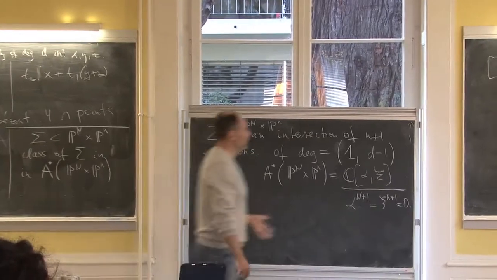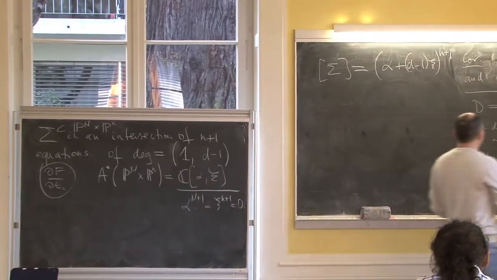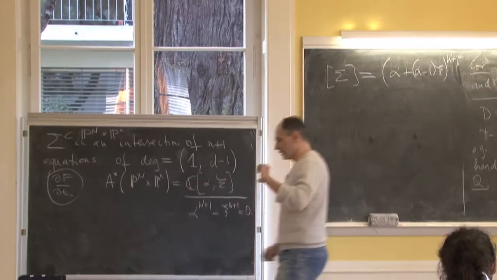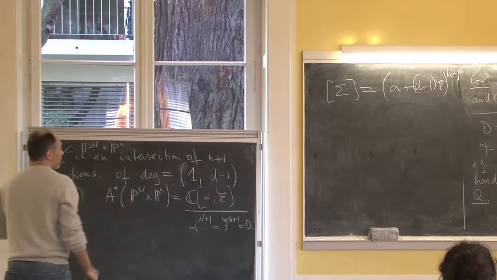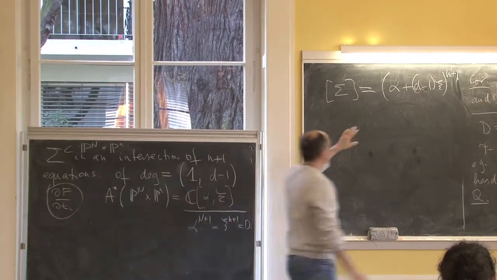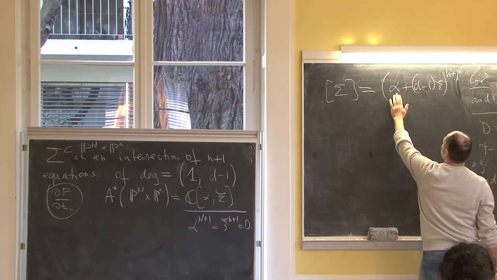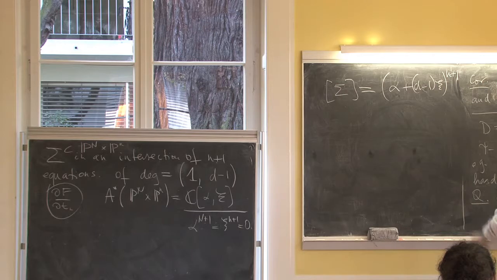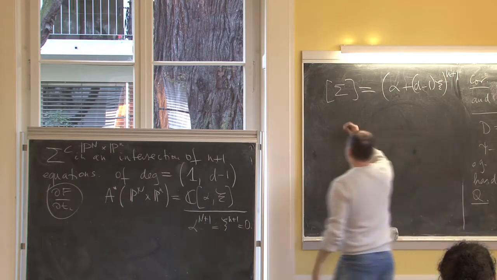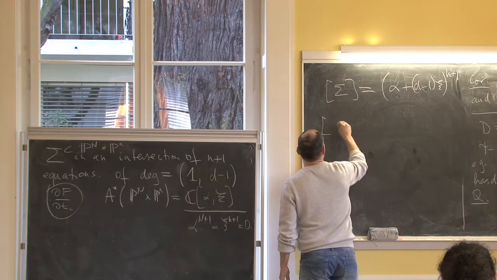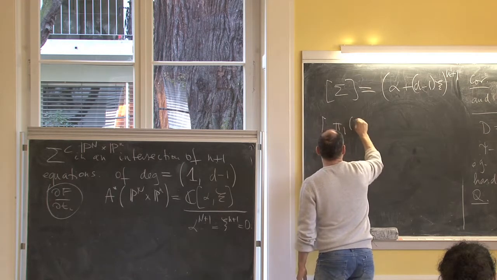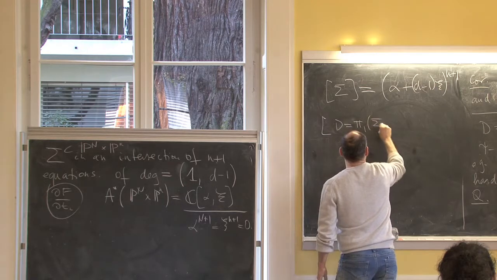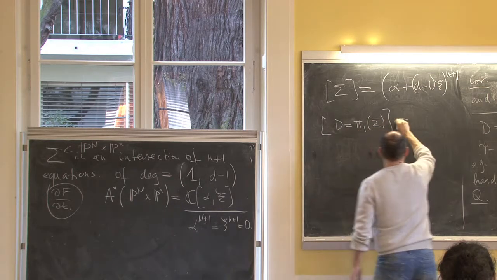So what does it mean that you look at the projection? Well, the projection means that you look at the intersection with a line. So what is the degree of the projection? Pi 1 of sigma of d equals pi 1 of sigma, the projection to this thing.